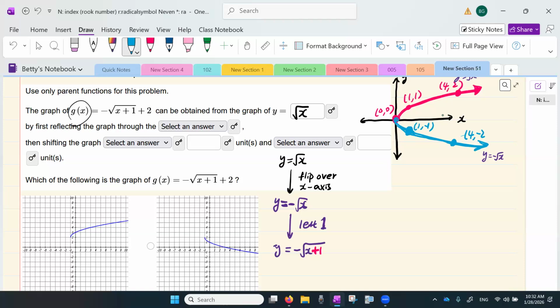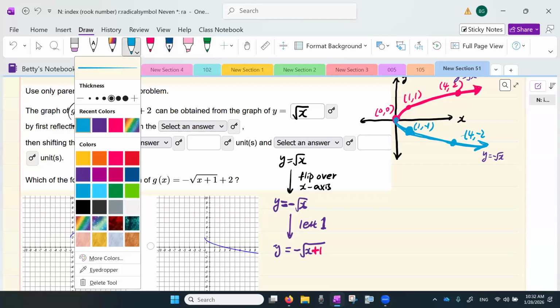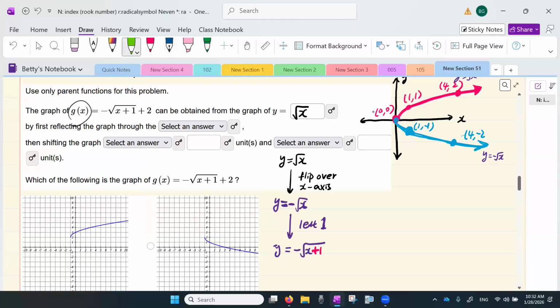All right. So now, if we move the blue curve to the left 1 unit, what color do we want? We want a green color. Okay. Then 0, 0. So on the blue we have 0, 0, 1, negative 1.